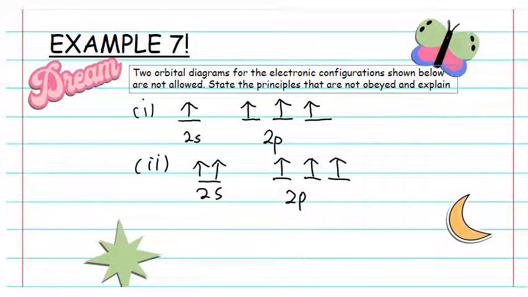Okay, two orbital diagrams for electronic configuration shown below are not allowed. State the principles that are not obeyed and explain your answers. Kalau kita tengok yang pertama ini, sekali imbas tengok saja kita dah tahu dia tak follow Aufbau. Sebab apa tak follow Aufbau? Kita tengok 2s ni. 2s orbital ni dia tak isi penuh dahulu.